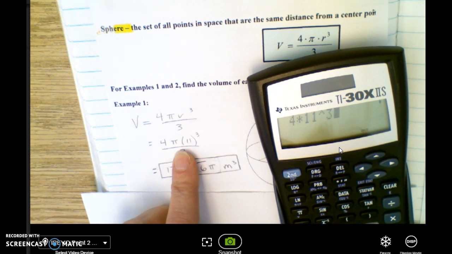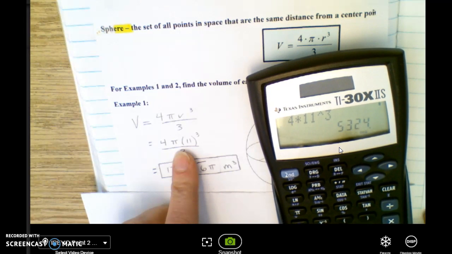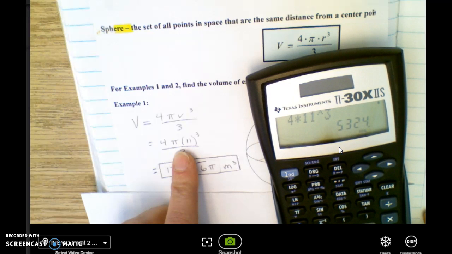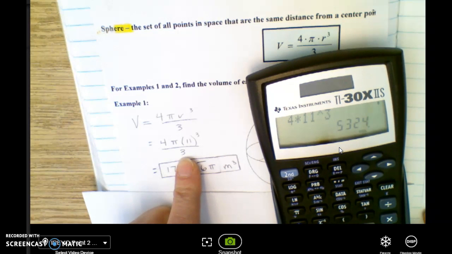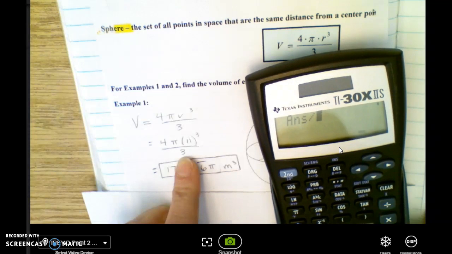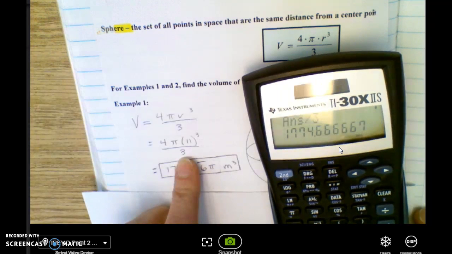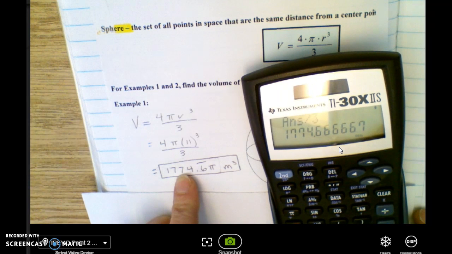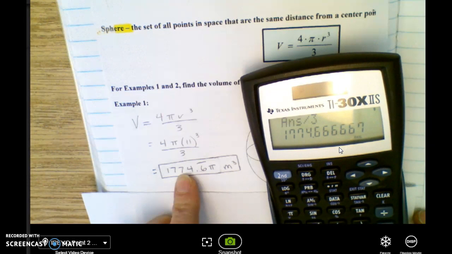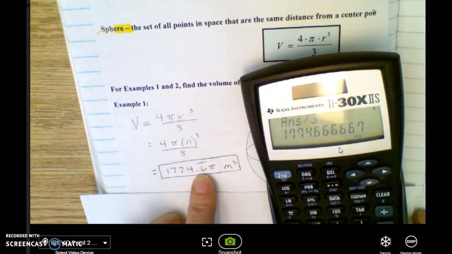My suggestion is you work on the top of the fraction and get that value. So 4 times 11 cubed is actually 5,324. It's easier to get that answer and then divide by the bottom of 3. And you'll see that we have a repeating decimal answer, 1,774.6 repeating.